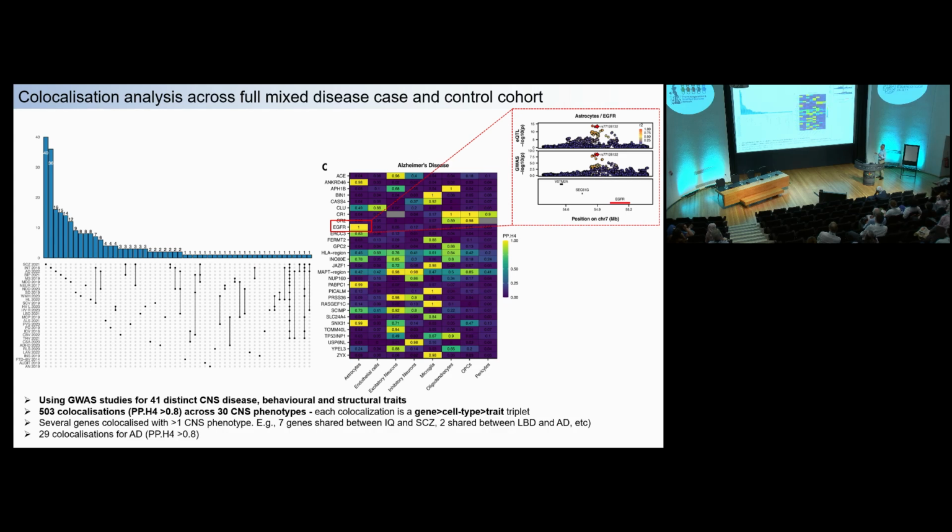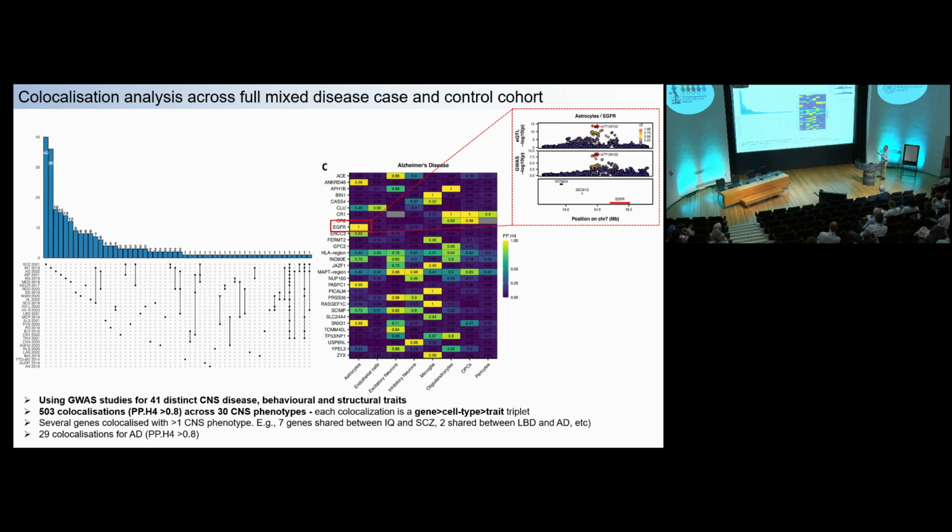These results can be interpreted a bit more clearly if I give you an example. These are the 29 co-localizations we identified for Alzheimer's disease. Several of these co-localizations were present only in single cell types. BIN1, for example, and PICALM, which are 2 very well-established risk genes for Alzheimer's disease, co-localized only within microglia, suggesting that microglia may be the mediating cell type for those genetic effects on susceptibility to Alzheimer's.